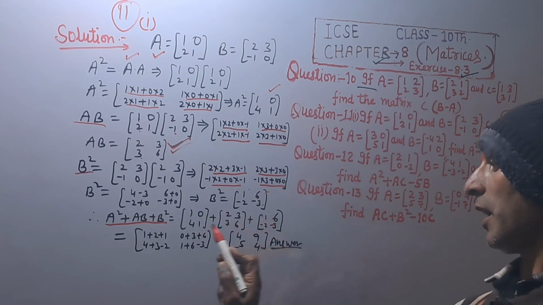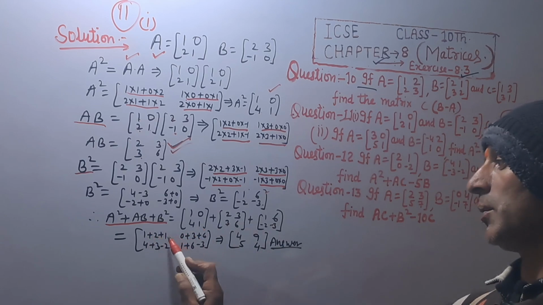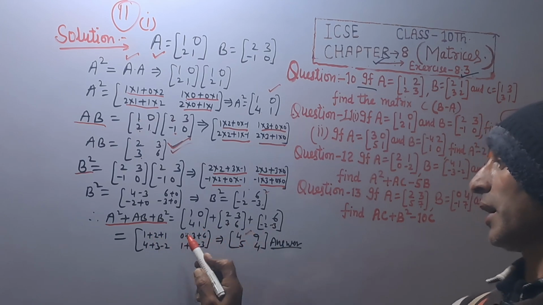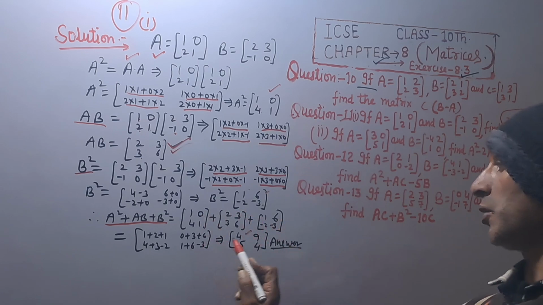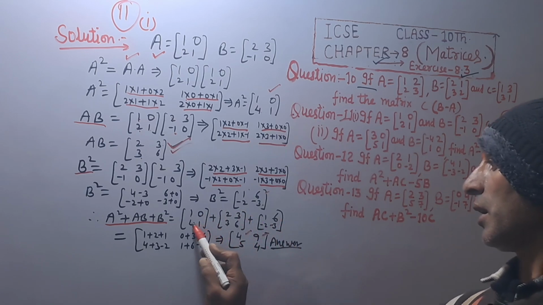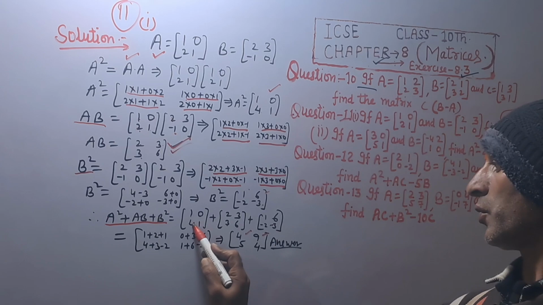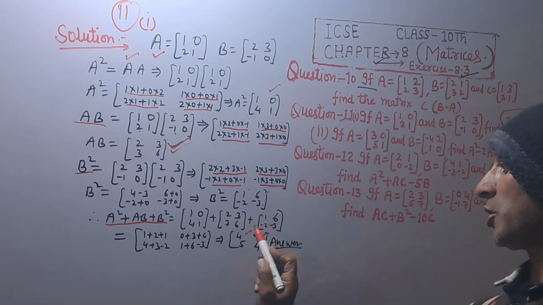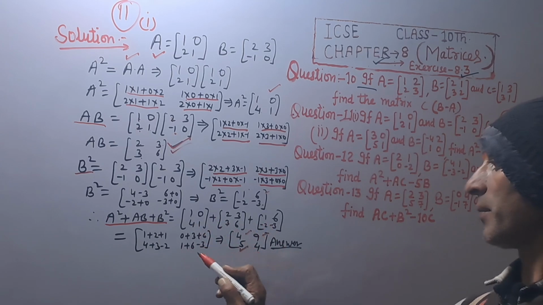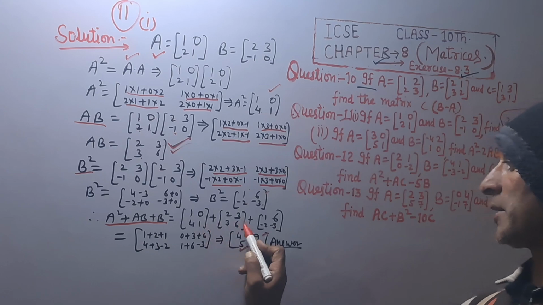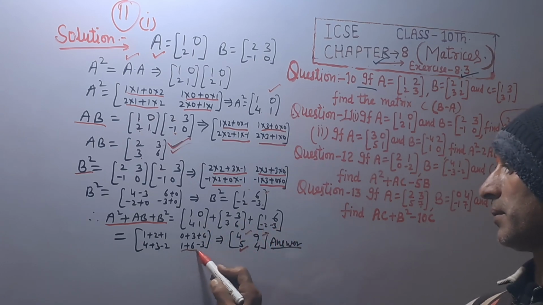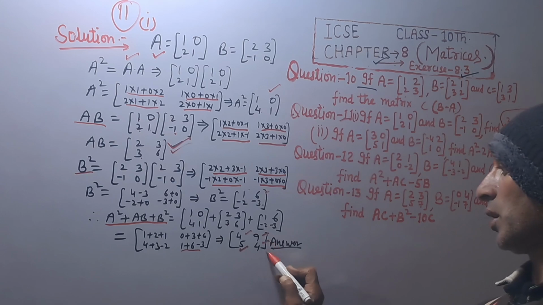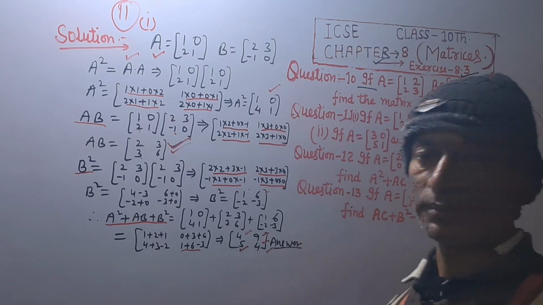First element adding, we get 1 plus 2, 3 plus 1, 4. And second element 0 plus 3 plus 6, that is equal to 9. First element 4 plus 3, 7 minus 2, that is equal to 5. And 1 plus 6, 7 minus 3, that is equal to 4. Answer.